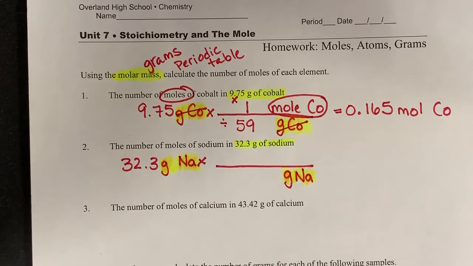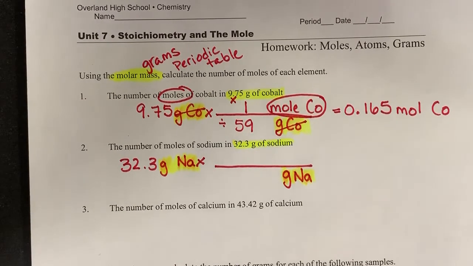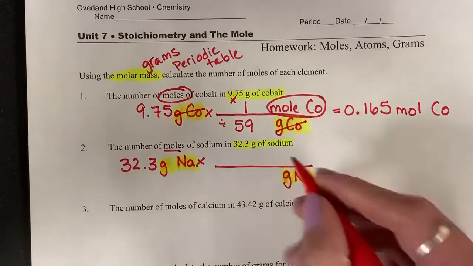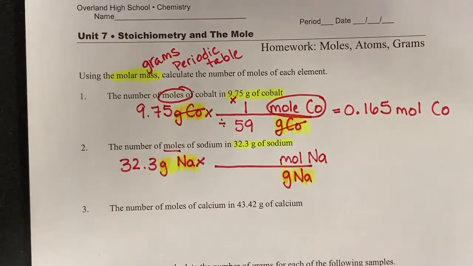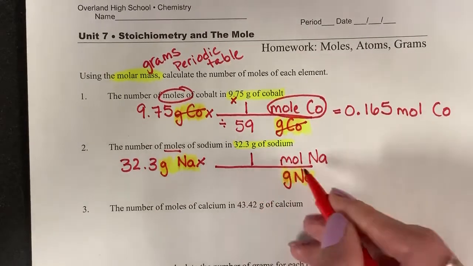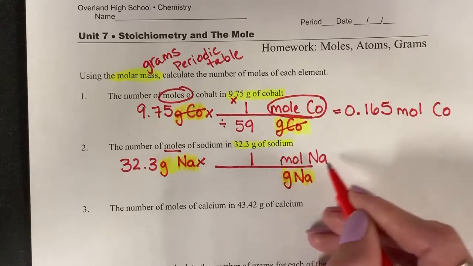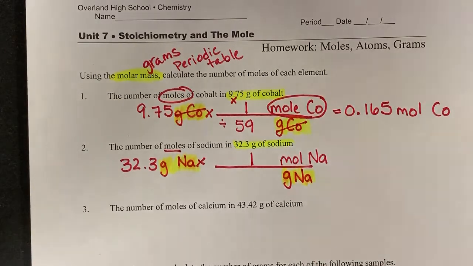Whatever unit I'm changing to goes on top. I'm changing to moles of sodium. Okay. Now I know that 1 mole of sodium is always equal to the number from the periodic table.